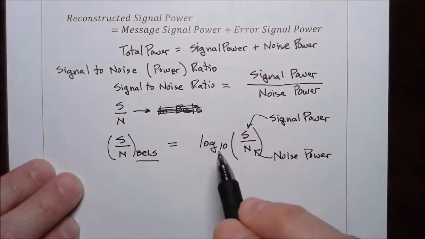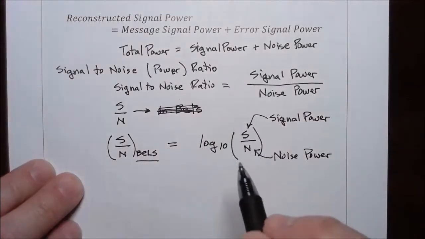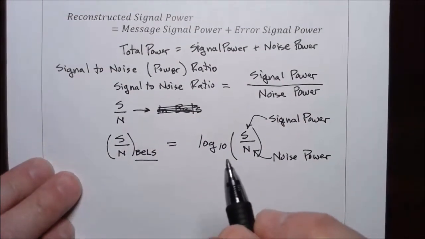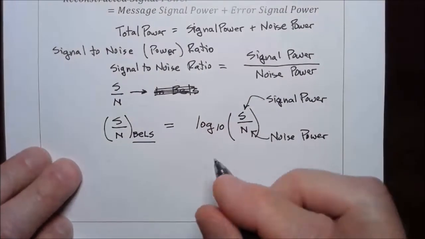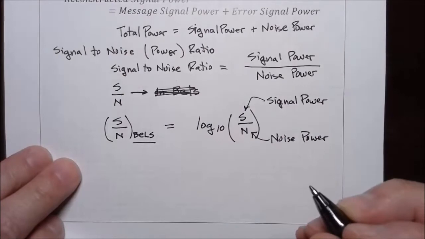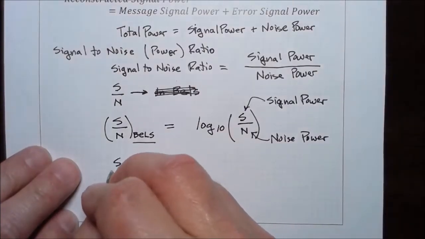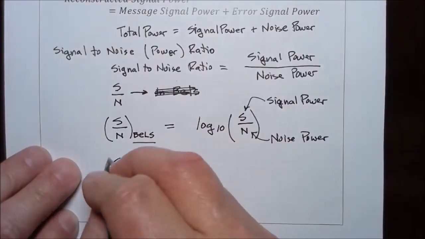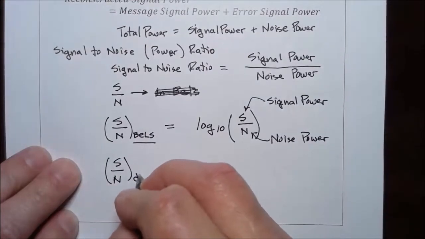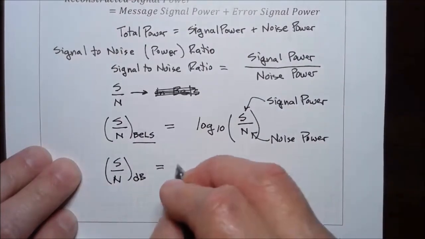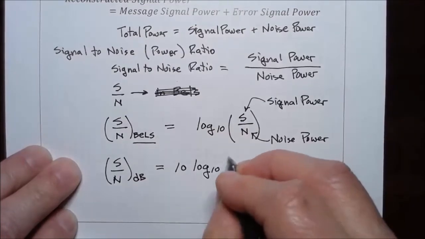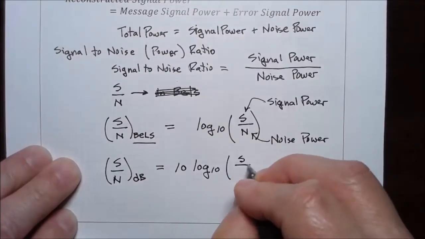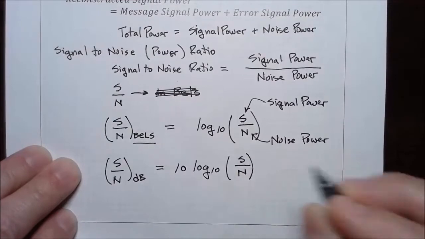Now this turns out not to be as useful as the more traditional way of looking at this measurement in units of decibels. So the signal to noise ratio in units of decibels is equal to 10 times the log base 10 of the signal power divided by the noise power.